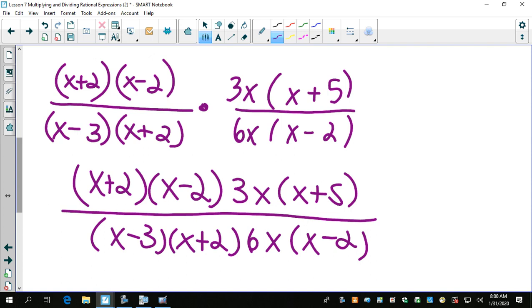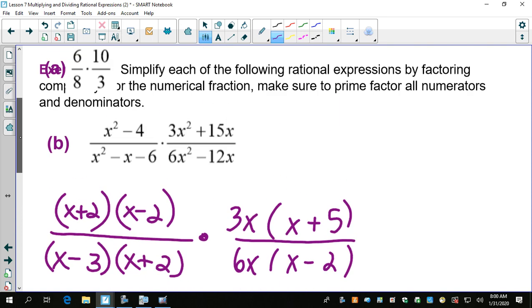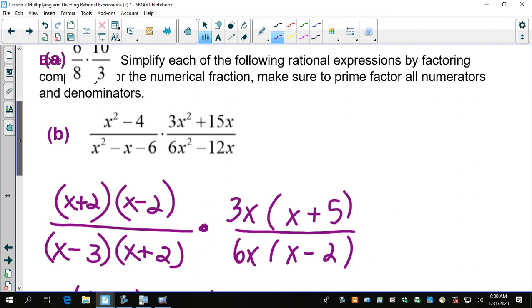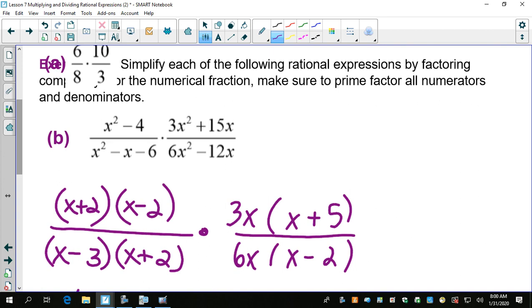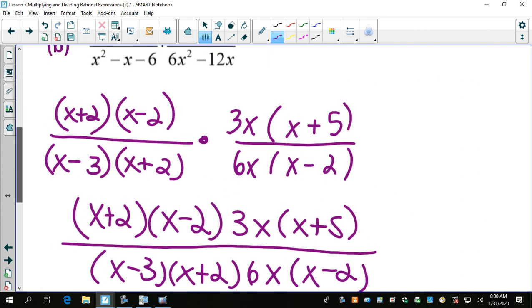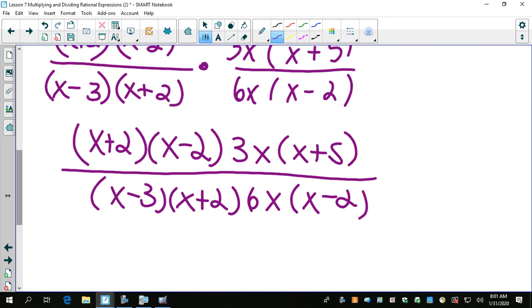So you have to break it up into its factors, and then you cancel like factors. I was just wanting to show you what's going on, and now you can cancel stuff out.